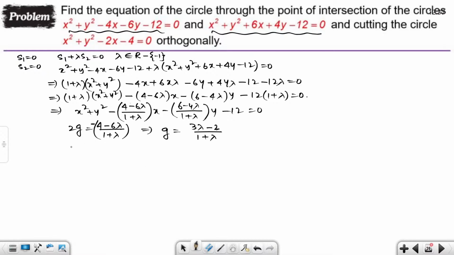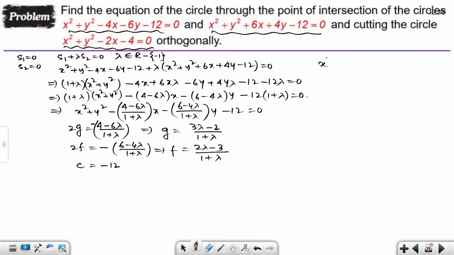And what about your f? 2f is minus 6 minus 4 lambda by 1 plus lambda, which gives f equals to 2 lambda minus 3 by 1 plus lambda. Okay? And what about your c here? It's minus 12.